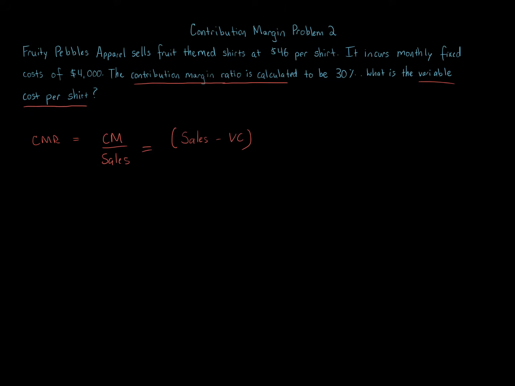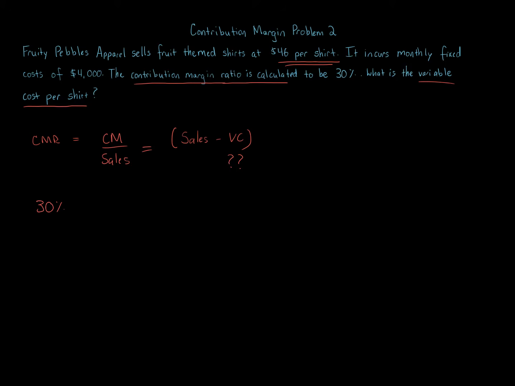So if we know the contribution margin ratio is 30%, and we have fixed costs of $4,000, and we know the shirts sell at $46 per unit, we can determine the variable cost, which is the question here, the variable cost per shirt. Now, the fixed cost, we can ignore that for this question.